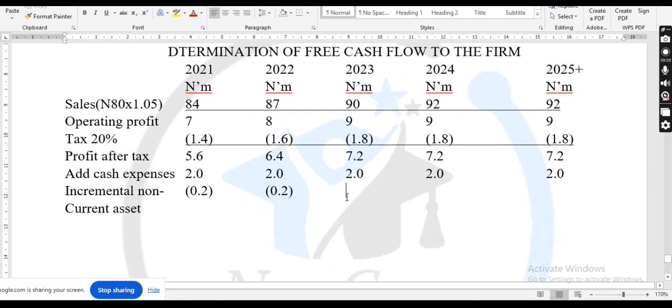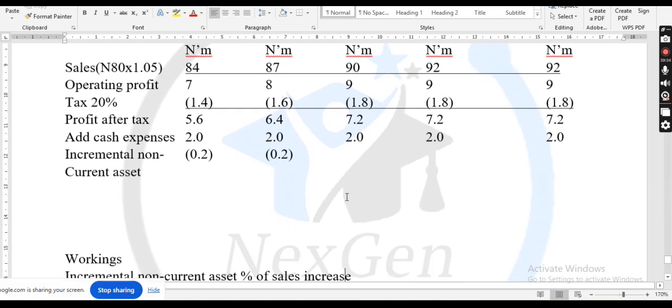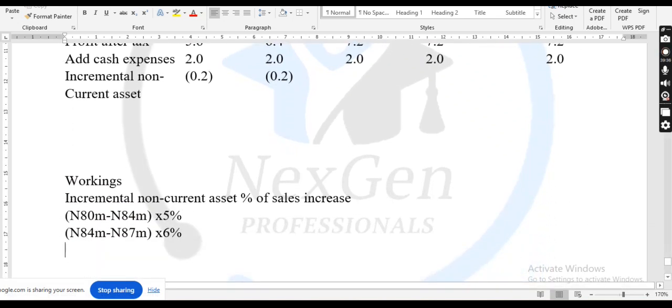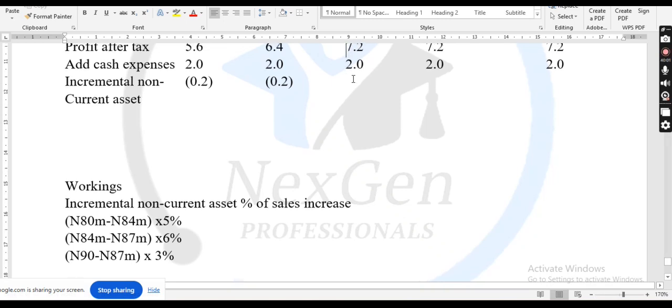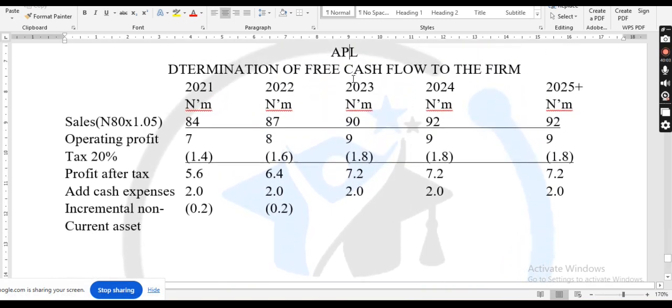Okay, the next one is 90 million minus 87, times the percentage for year 3, which is 3%.